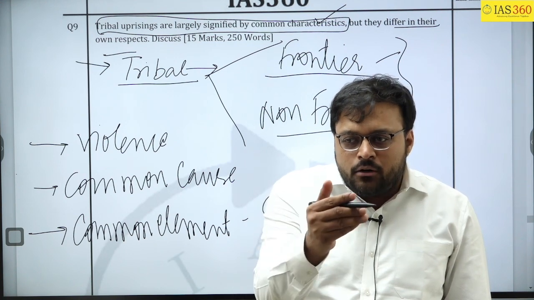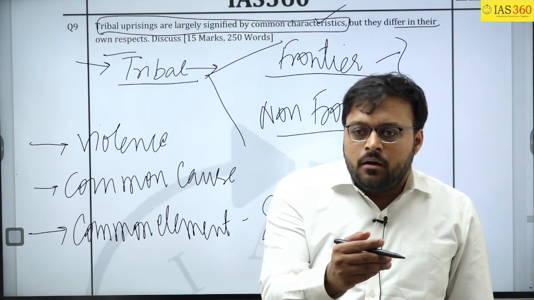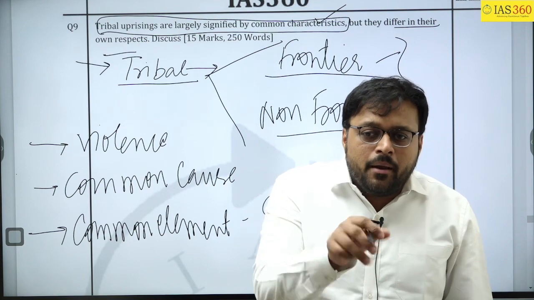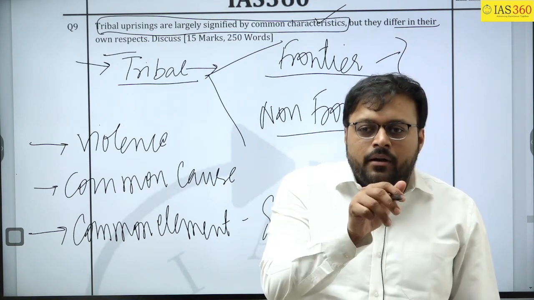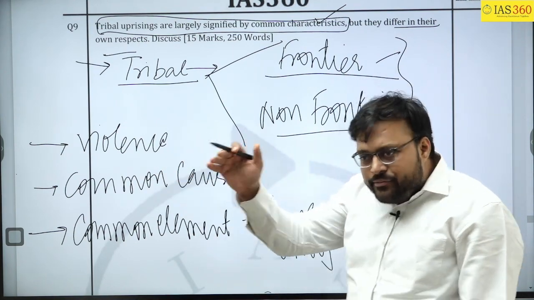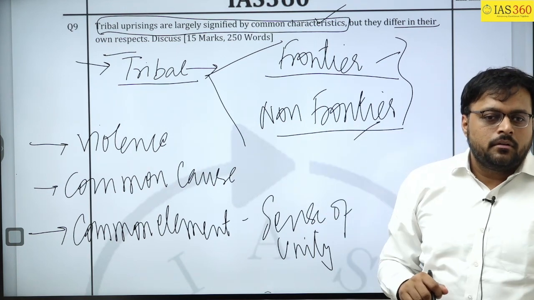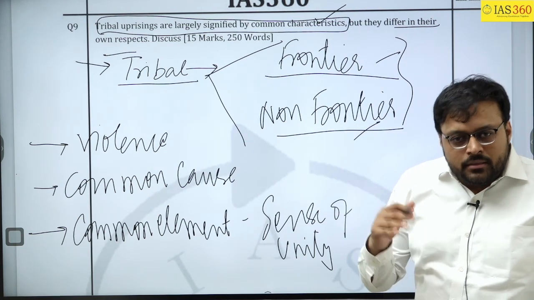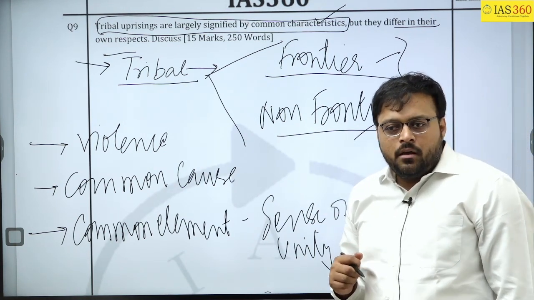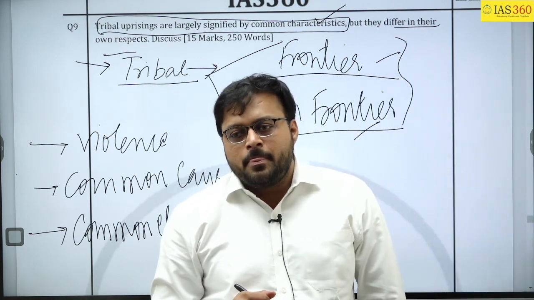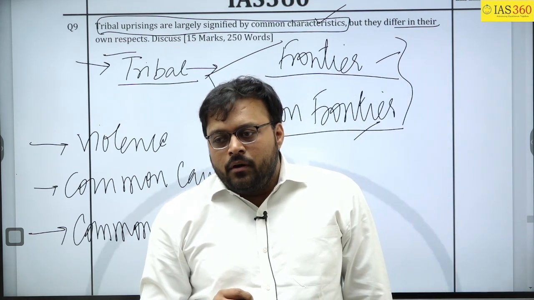Okay, and you can talk about the reasons for the tribal uprising in the non-frontier, in the central Indian region. Okay? So in this way you can make a difference. So can you tell me what is the difference? What?